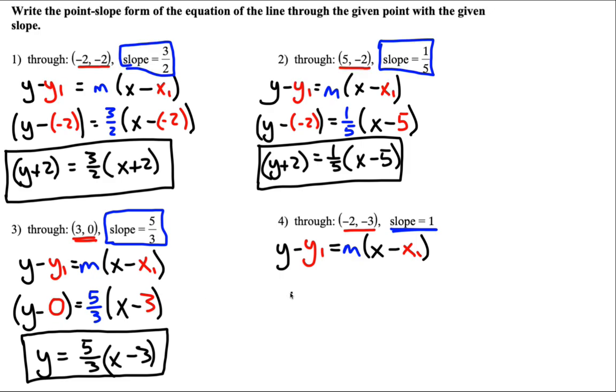So I can just plug in my values. Y minus, and that's going to be y minus my y value is right here of -3. And that whole thing is going to equal my slope, which is the value of 1 times x minus, and x minus what? My x value is -2.